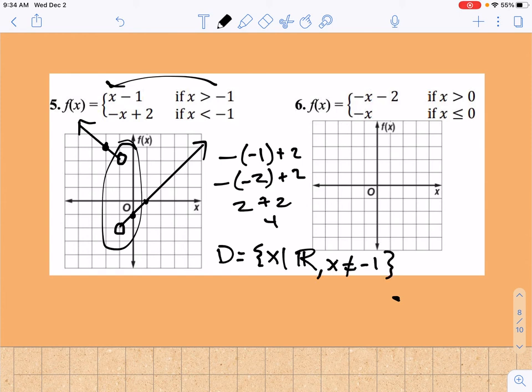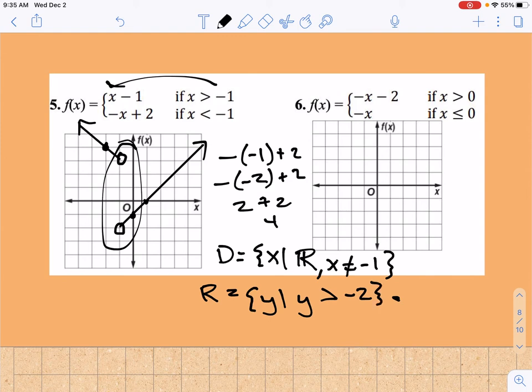So all real numbers, x cannot equal -1. And you could write that out with words if you wanted to. And then your range is going to basically be anything that is above, and this one's kind of like the other one, anything above -2 for y. So y is greater than, but not equal to, -2.